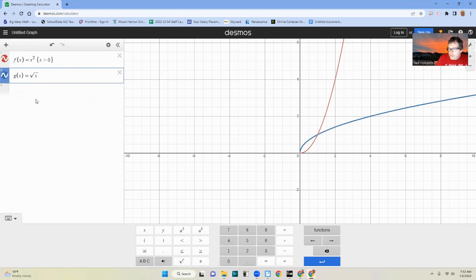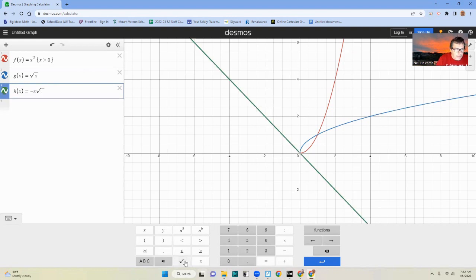So I'm not going to do the negative of the square root of x, because then what would happen is, I'll do it right now just to show you. Let's call it h of x. Okay, so remember there's what's called a vertical line test.